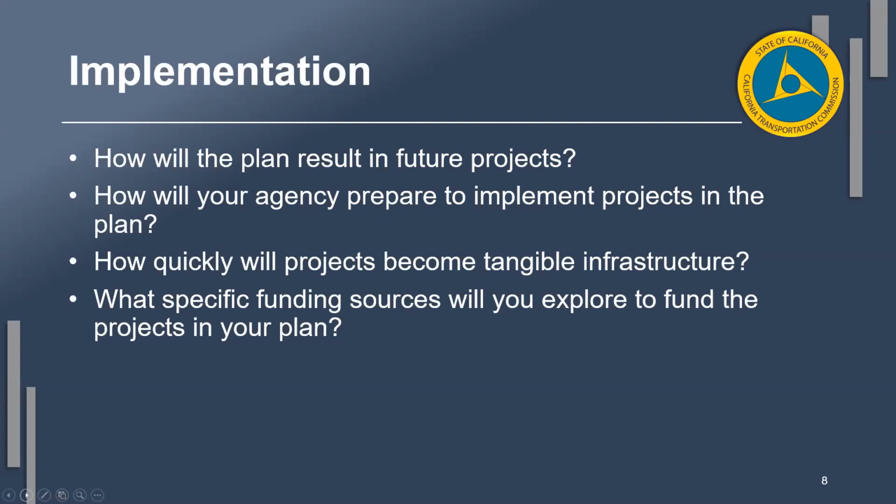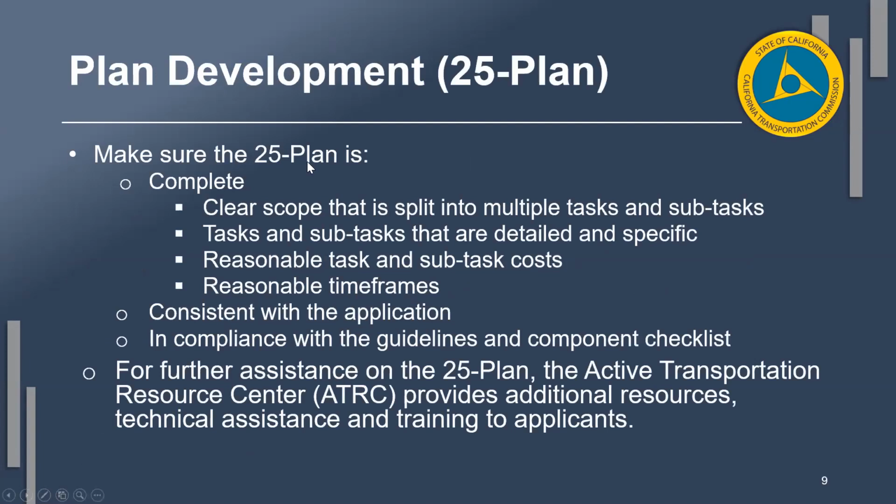And if you could go to the next slide, please. And so the plan development or 25 plan question asks applicants to provide a complete 25 plan. And just to make sure I don't confuse anyone, the 25 plan was previously referred to as the 22 plan. And so because of the local assistance program guidelines, chapter 22 was replaced with chapter 25.